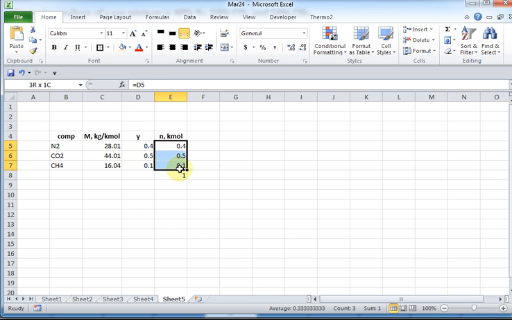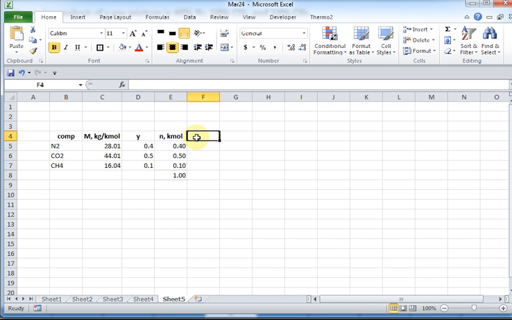So let me try and repeat that. They gave me Y. I'll assume that there's 1 total kilomole of the gas. Hence, I know that there's 0.4 kilomoles of nitrogen, 0.5 of CO2, and 0.1 of CH4.